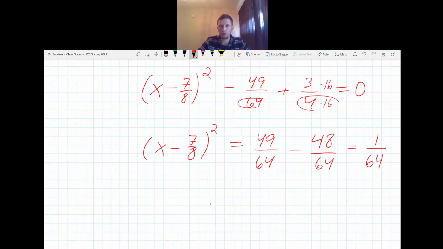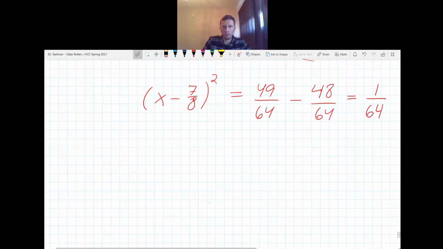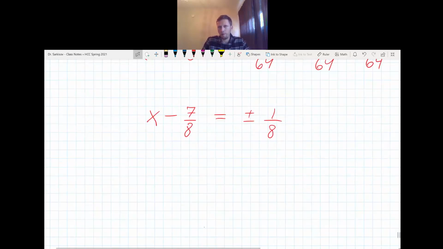We do the square root property, and we get x minus 7 over 8 is equal to plus or minus the square root of 1 over 64. That's 1 over 8. Remember, we solved this problem before, and we may not remember the 7/8 plus or minus 1/8. Let's add 7/8 to both sides.